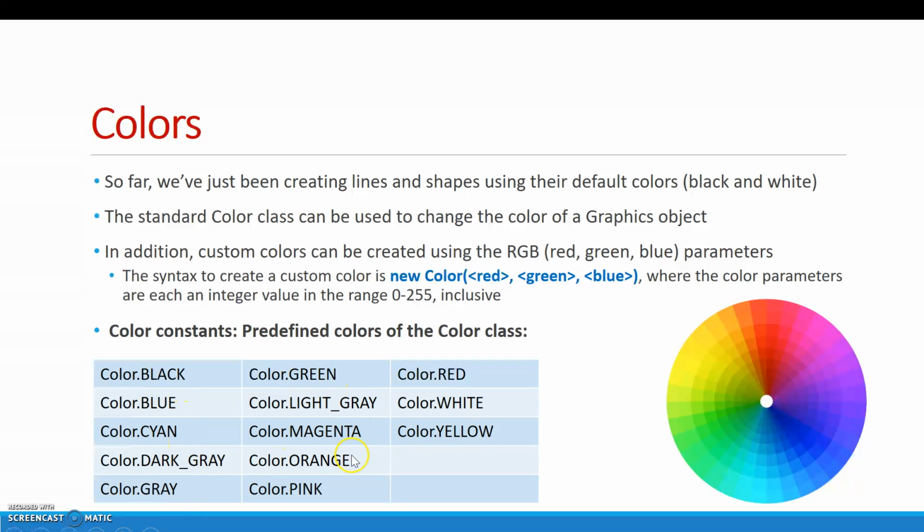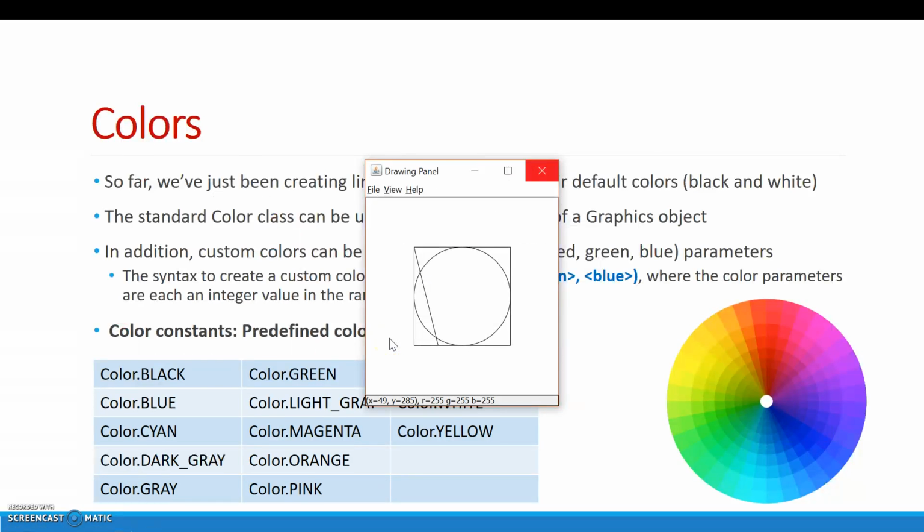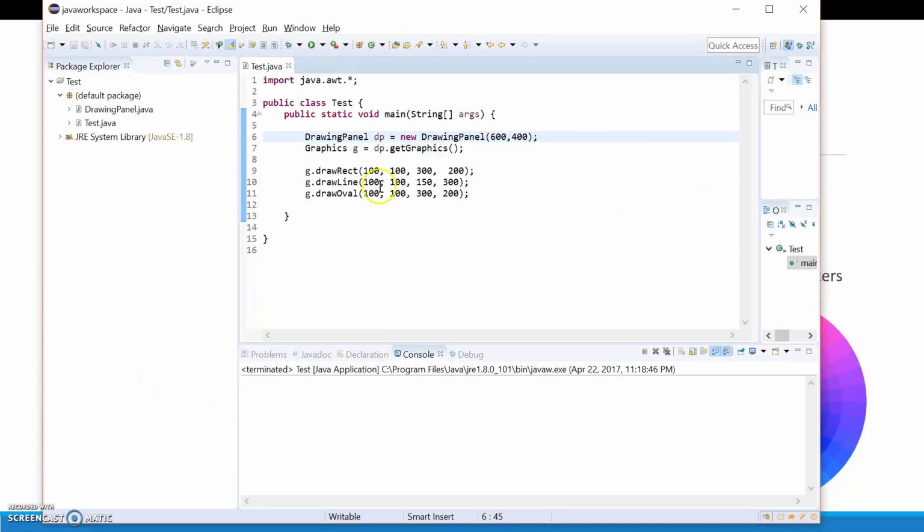So you've got constants for all the major colors. These colors are actually specified by three separate colors, red, green, and blue. And if you want to create a color that's not here, you can create a Color, and you will supply the constructor with the red, green, and blue, and you can create any color that you want. Okay, but let's go back to our source code.